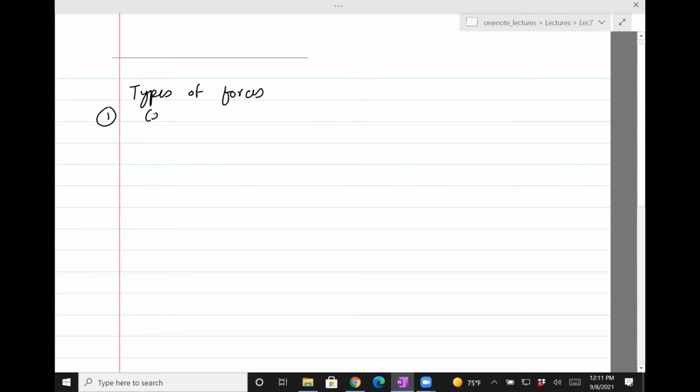We have the concentrated load. And I just drew an example of that, a beam subjected to a load, let's call it F here. We have a distributed load.